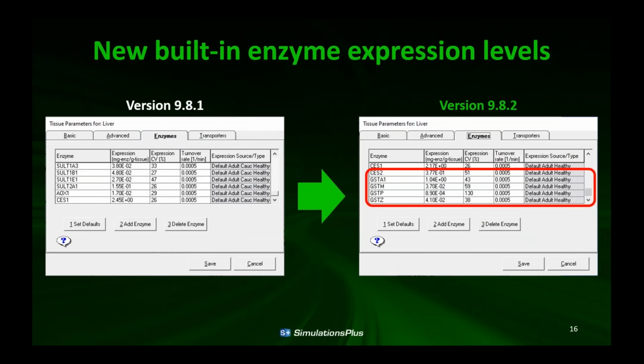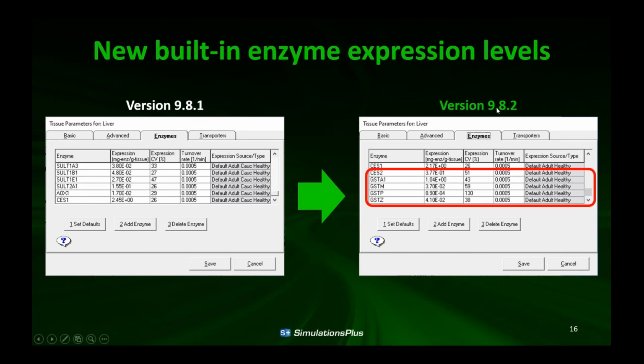For the metabolism and transporter module, we did extensive literature research to try to incorporate some of the new enzyme expression. This slide just shows this in kidney for version 9.8.1.